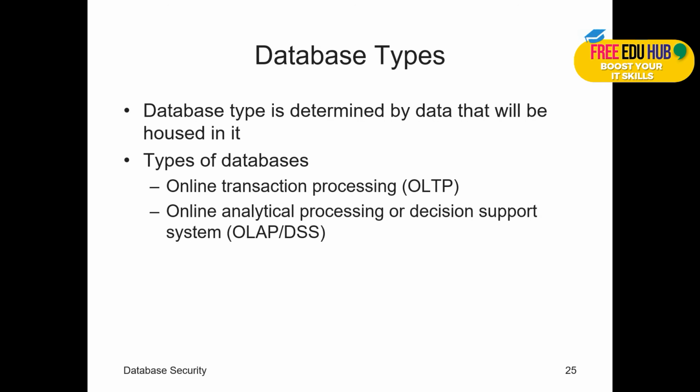Since there are lots of customers accessing it, buying and selling things on a website, records, credit card details, transactions, and all that information which is constantly updated use online transaction processing.